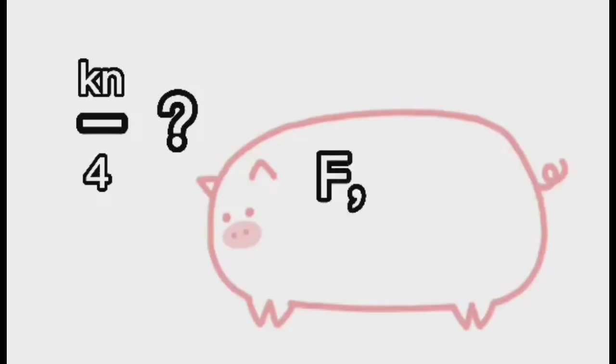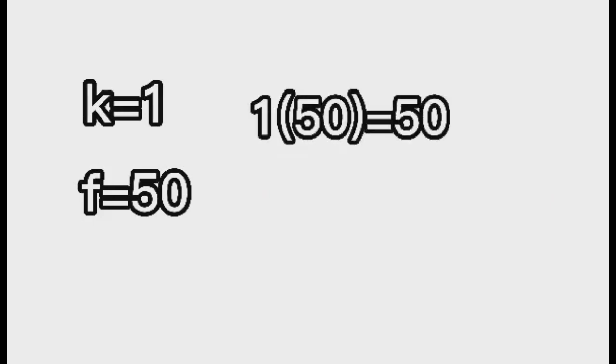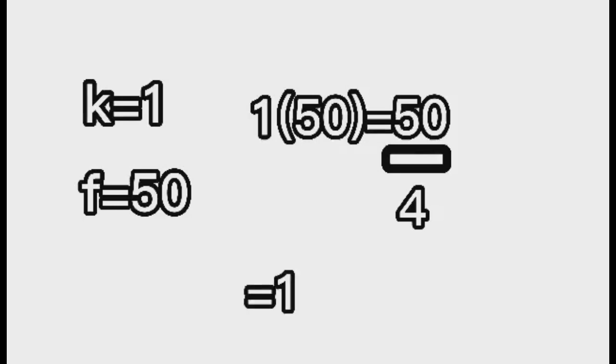But before that, let us get our kN over 4 so we could get our F, LB, and CFB. Since k is 1 and our N is 50, 1 times 50 is equal to 50 over 4, then it will be 12.5.